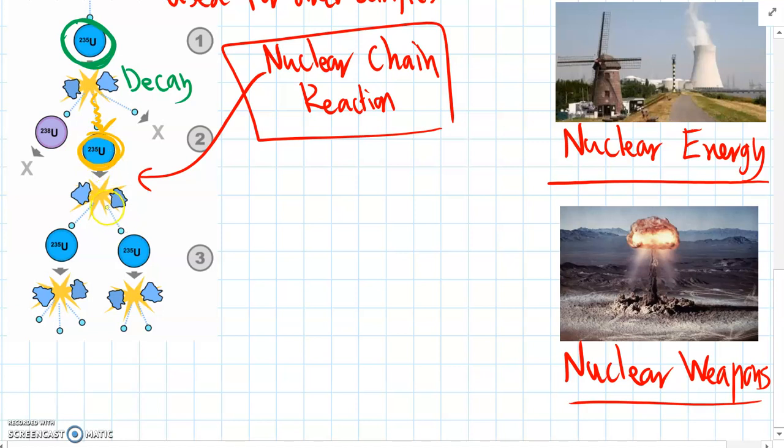And then that atom suddenly causes some other atoms to break apart. So we have a chain reaction. So instead of the atoms waiting randomly to decay, like normal, the radiation that's released from one atom causes other ones to decay.